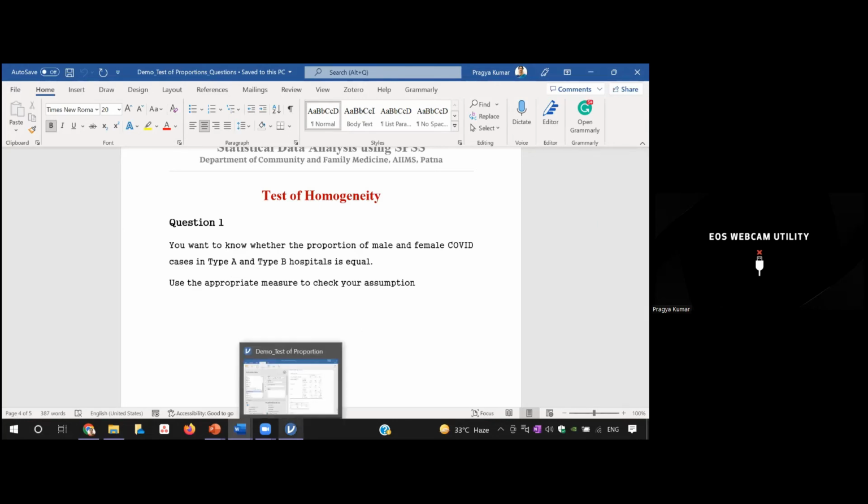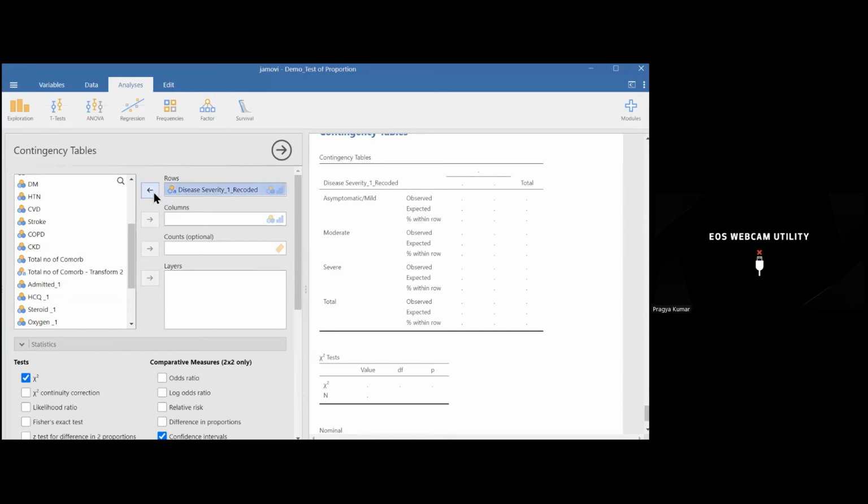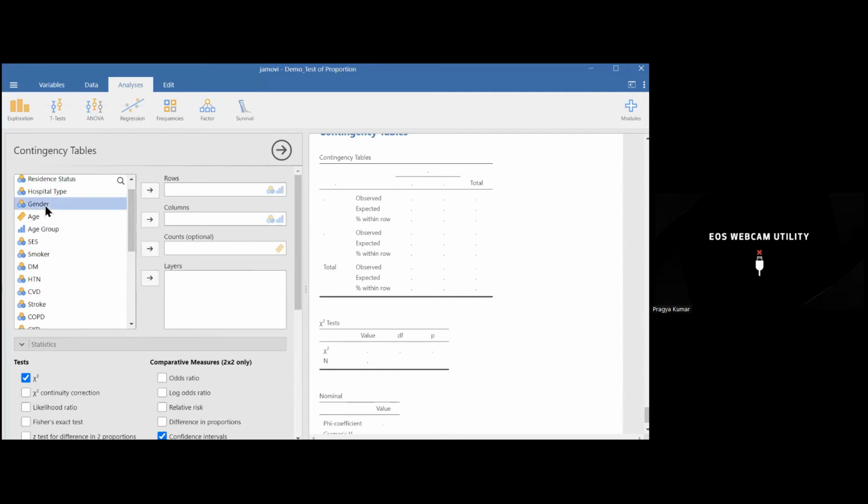So let's go back, so that there will be a type of hospital and there will be male and female COVID cases. I will put this back into the variable window. Gender will be the independent variable, male and female, so I will shift this into the column.